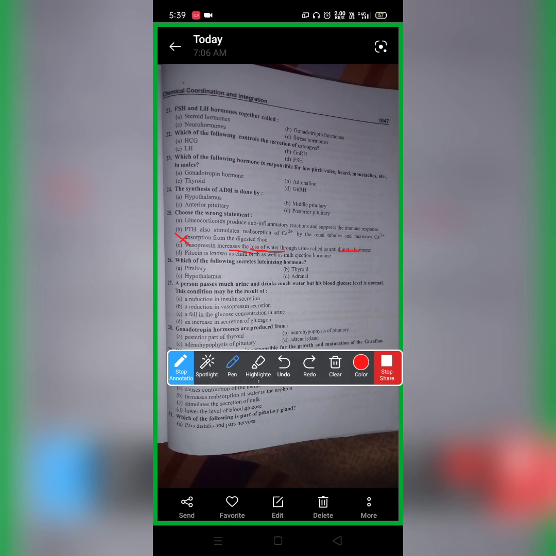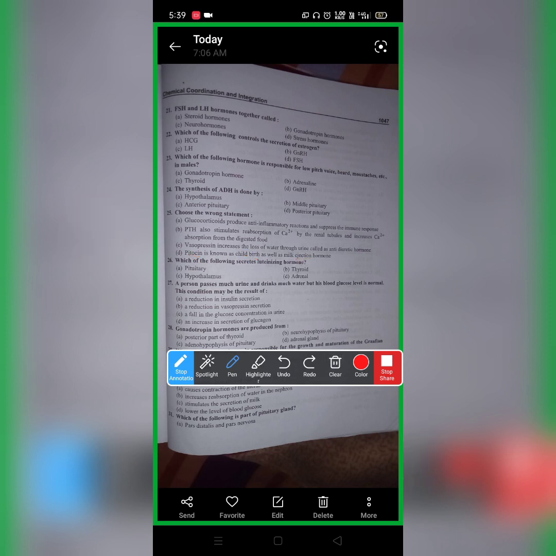Can you guys comment when there will be increased loss of water? Coming to the fourth option, pitocin is known as the childbirth as well as milk ejection hormone. Yes, pitocin is a form of oxytocin, and oxytocin does the function of childbirth as well as milk ejection.